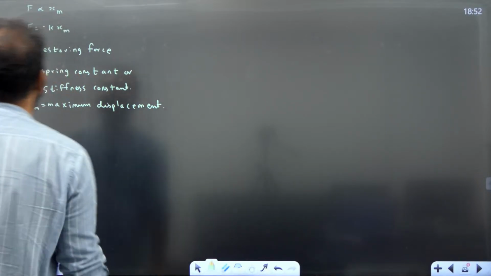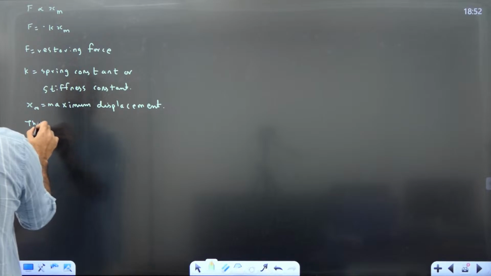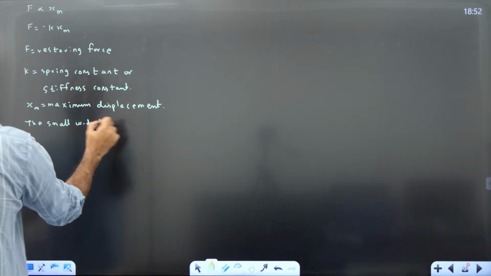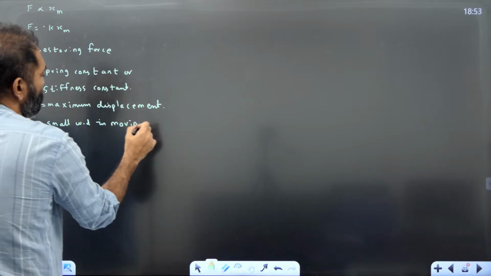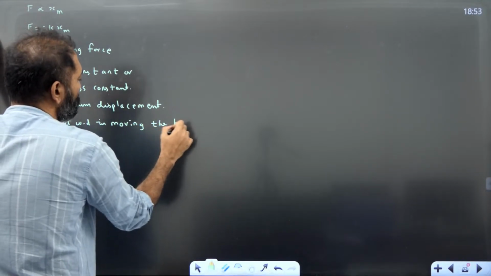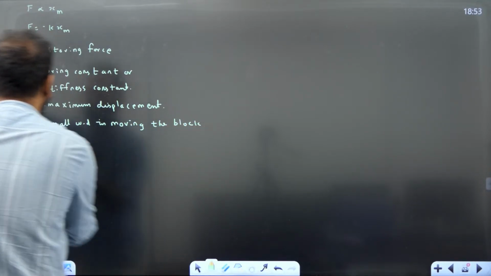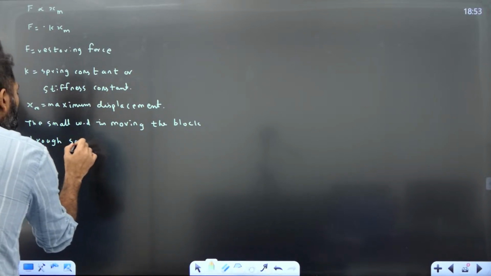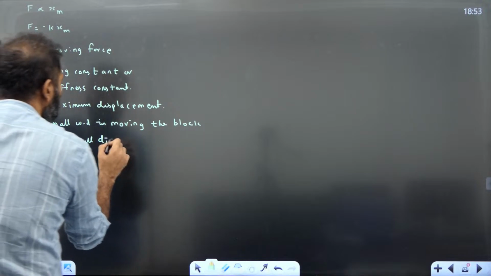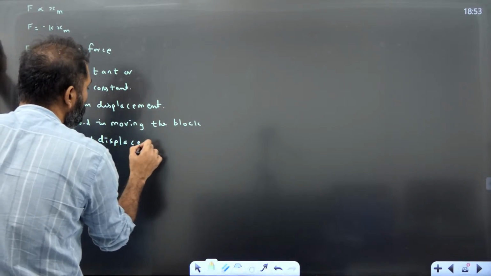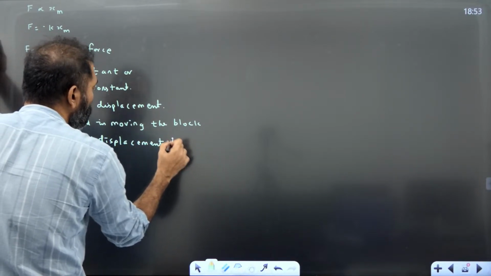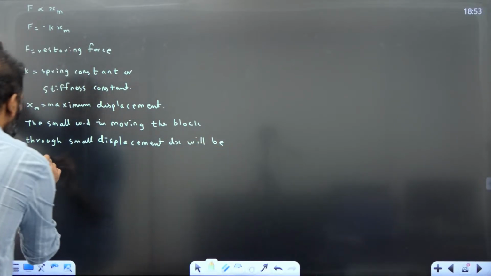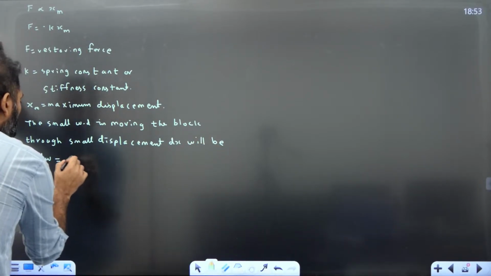Then what? The small work done in moving the block through a small displacement dx will be dW equal to F dx.